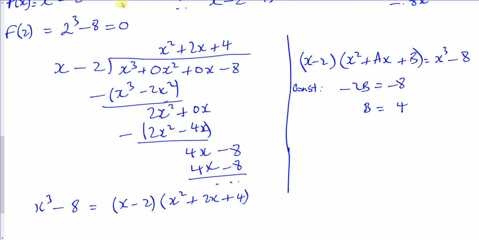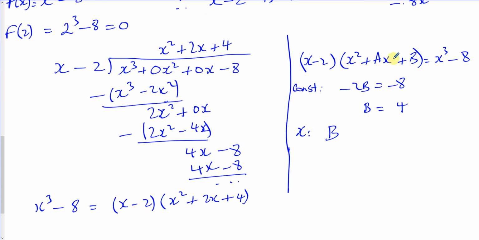Then we can compare the coefficients of x. When I do x times b, that's bx. And also minus 2 times ax, so minus 2a.